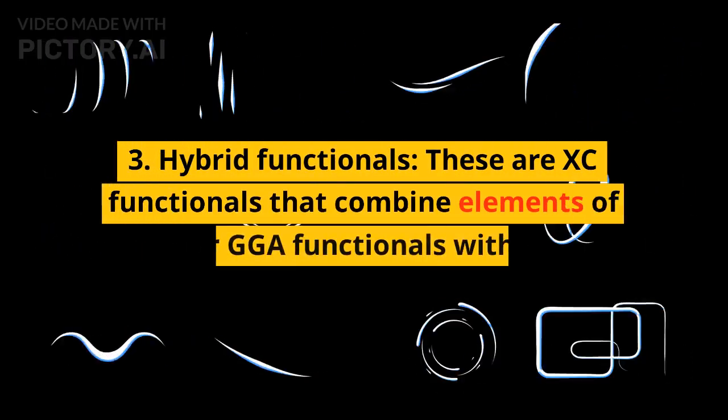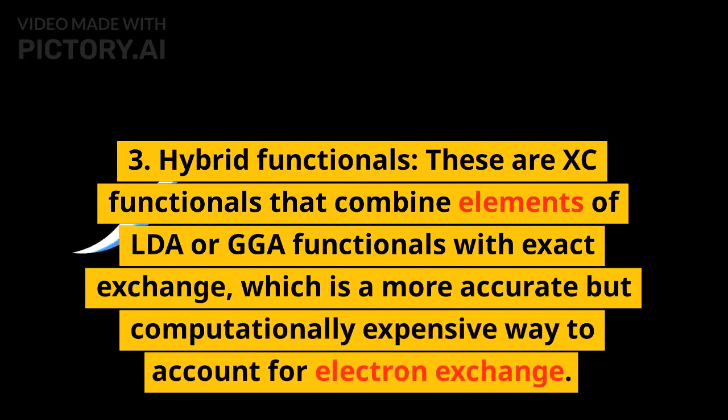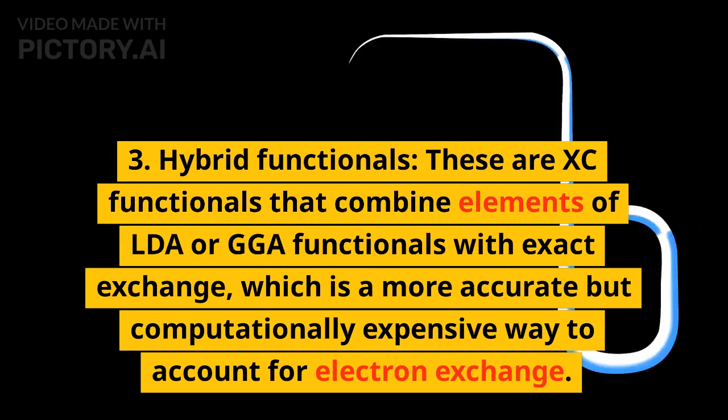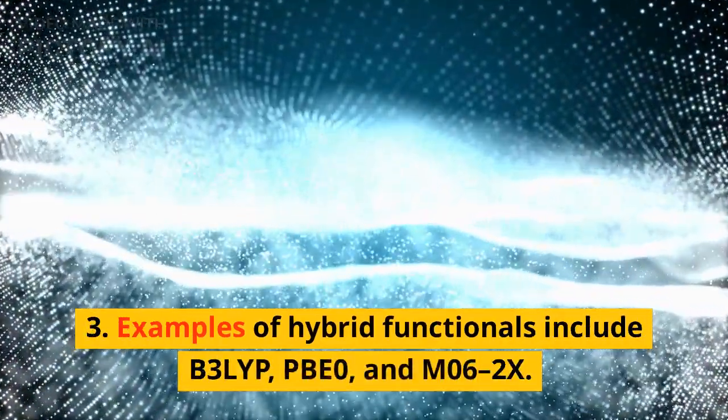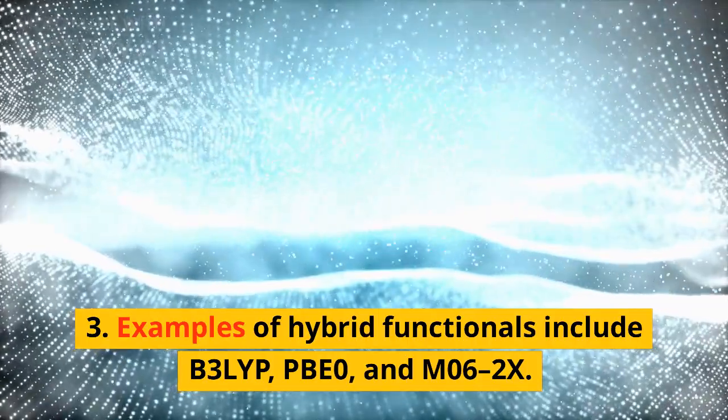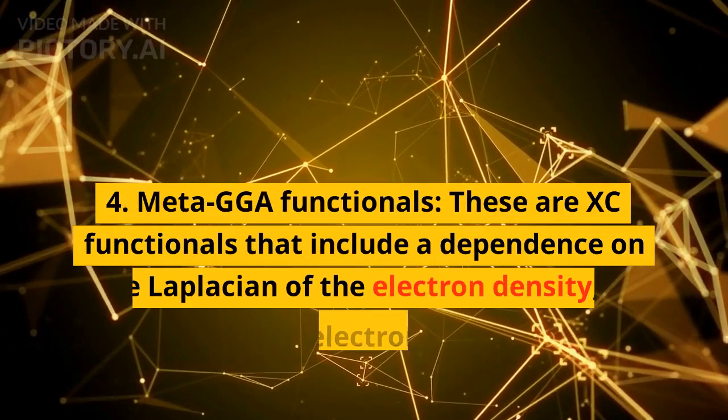3. Hybrid functionals. These are XC functionals that combine elements of LDA or GGA functionals with exact exchange, which is a more accurate but computationally expensive way to account for electron exchange. Examples of hybrid functionals include B3LYP, PBE0, and M062X. 4. Meta-GGA functionals.